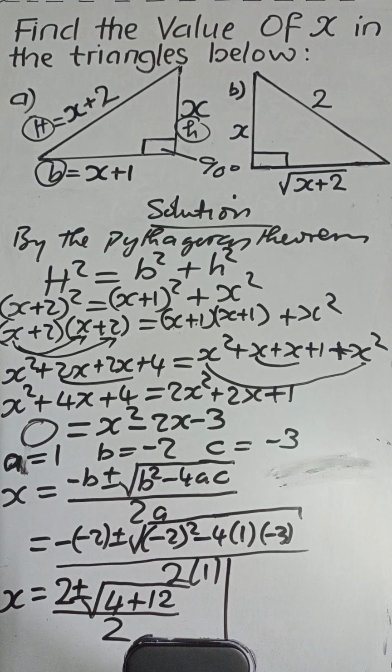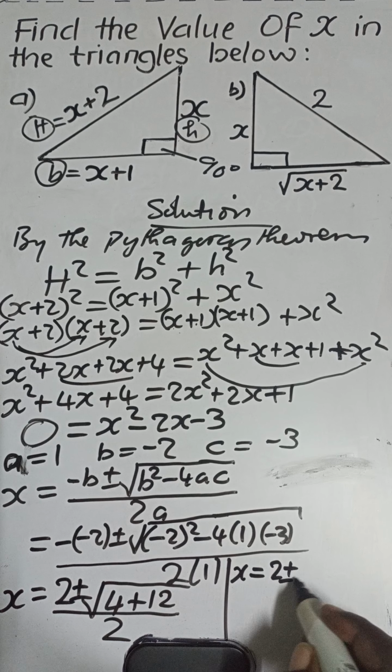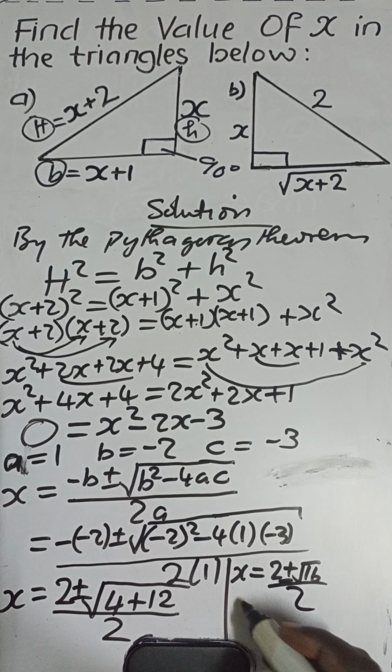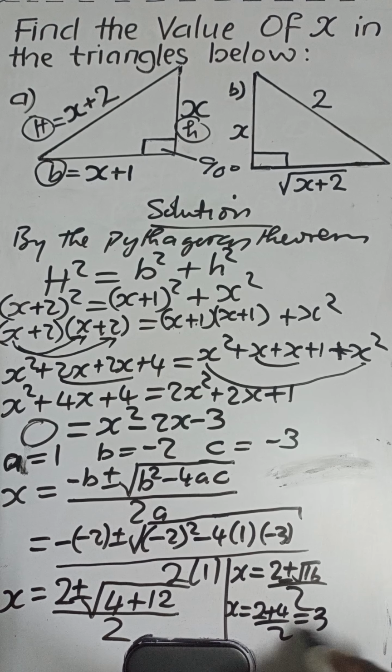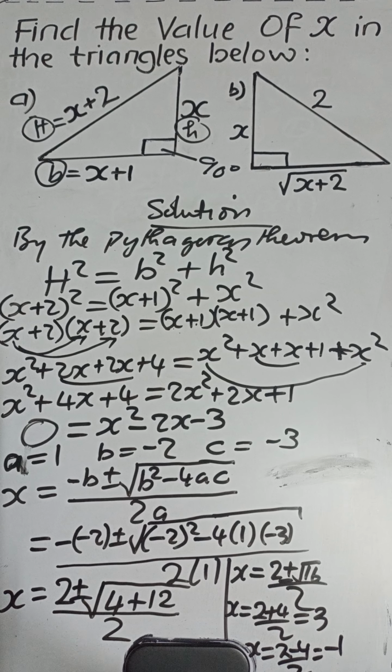So clearly now from here we see that the value of x will be 2 plus or minus root 16 all over 2. So we have x is either equal to 2 plus 4 all over 2, which is 3, or x is equal to 2 minus 4 all over 2, which is -1.